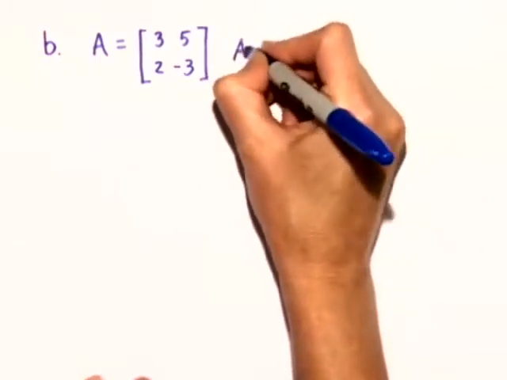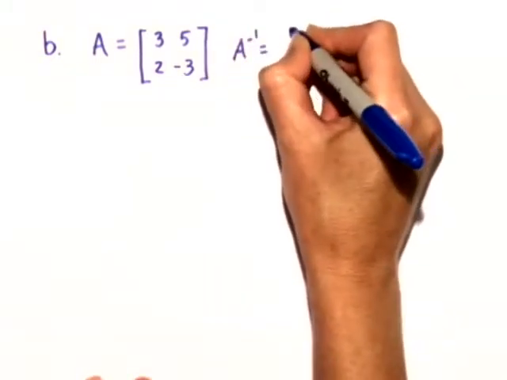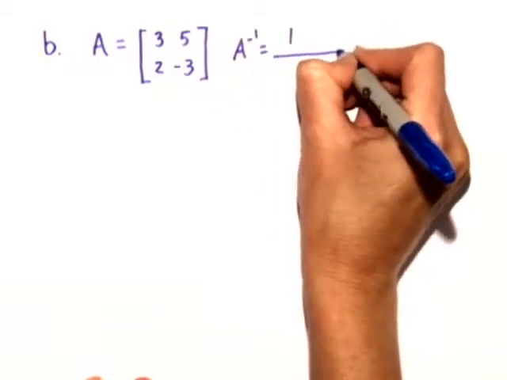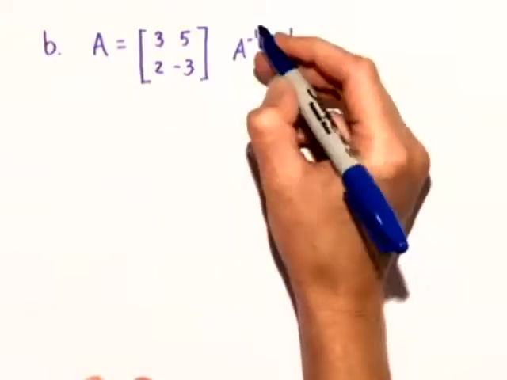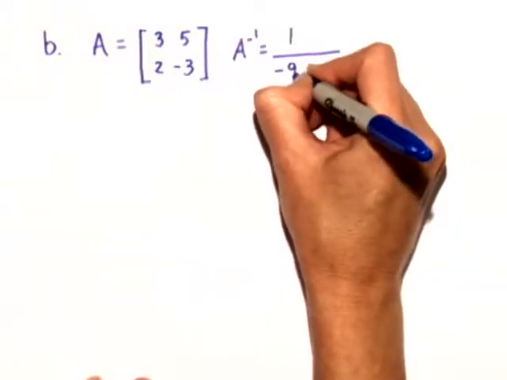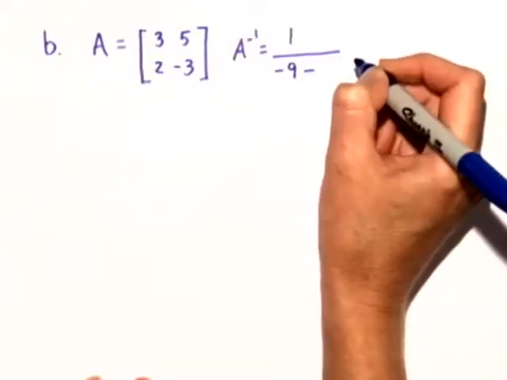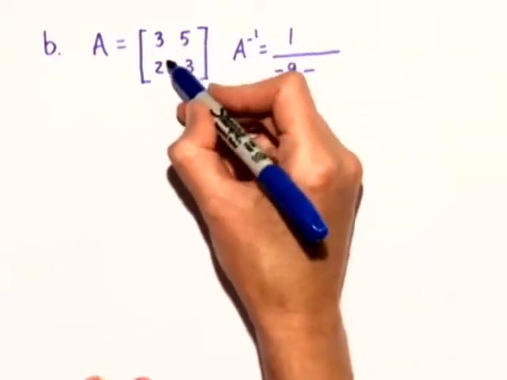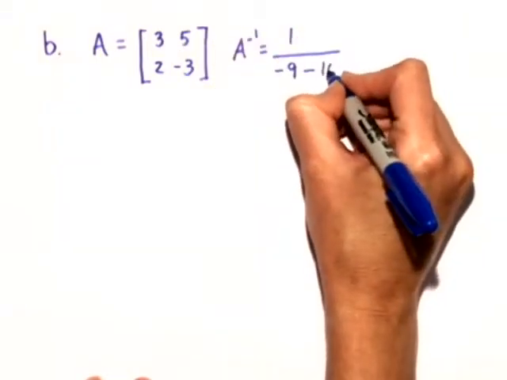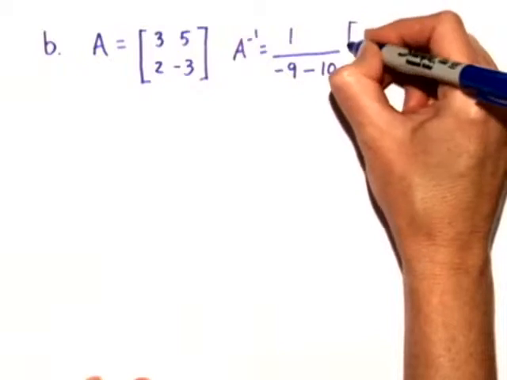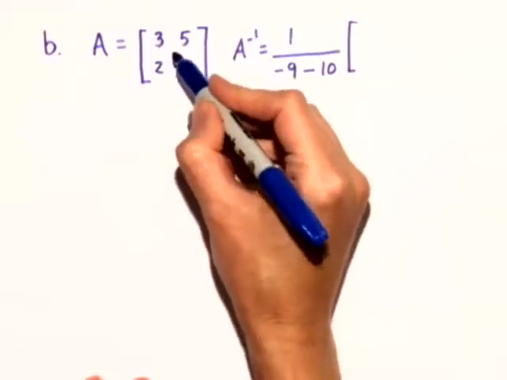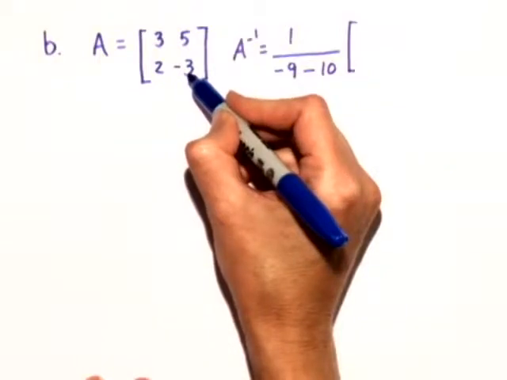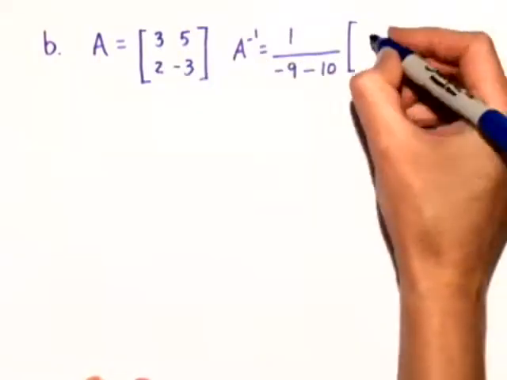So in order to find A inverse, we take 1 and we divide that by, first, we multiply along the main diagonal. 3 times negative 3 is negative 9, and we subtract the product of the other diagonal, 2 times 5, which is 10. And we multiply that by a matrix in which we switch the two elements along the main diagonal. So we switch the 3 and the negative 3.